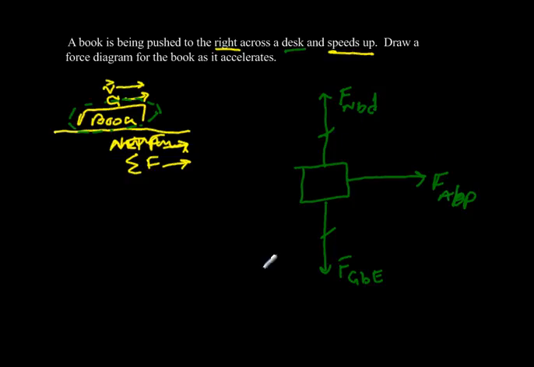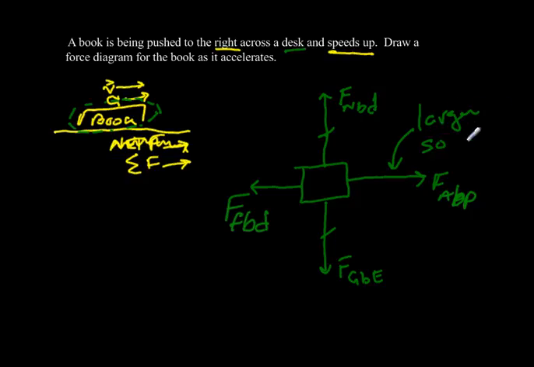And this is okay. This is what we're looking for. We have a net force in this direction, meaning we don't have one over here. However, it does not state that there is no friction, so I need friction. I just don't draw it as big as that. Force of friction on the book by the desk. And this arrow here is a bigger, larger arrow.